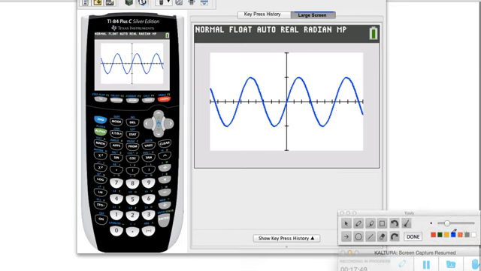So if we're talking about y equals sine of x, then a complete period of y equals sine of x is right here. So this is going from 0 to 2 pi.